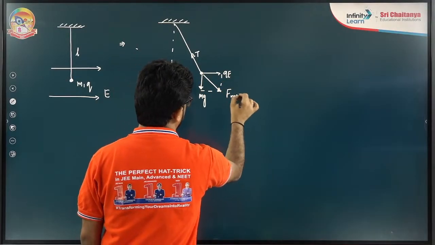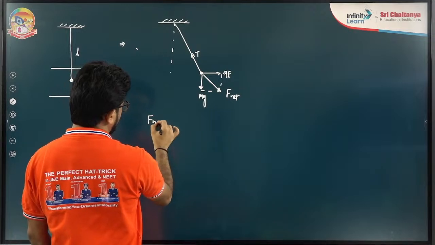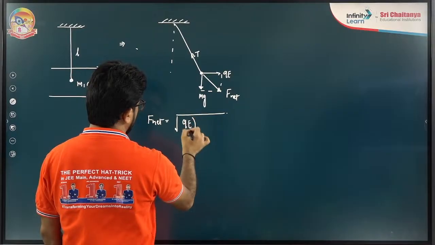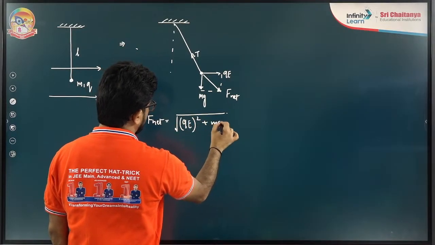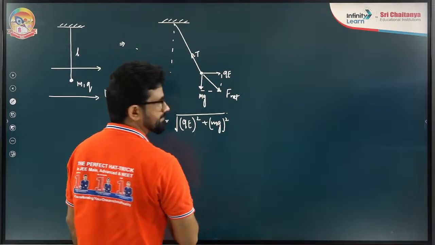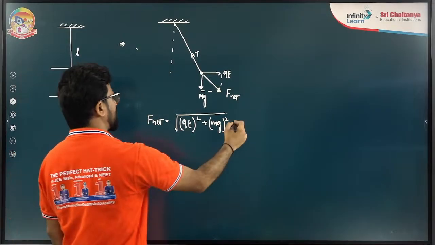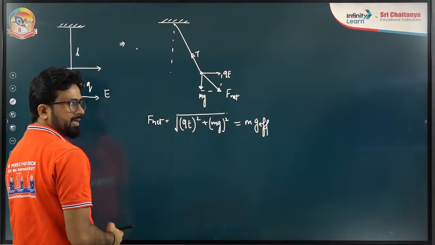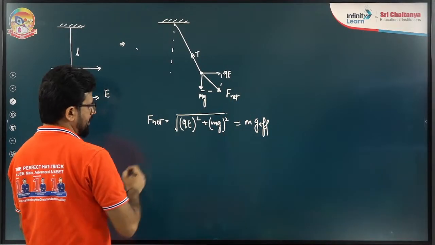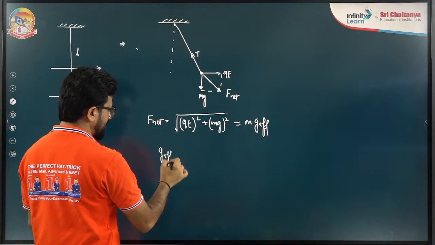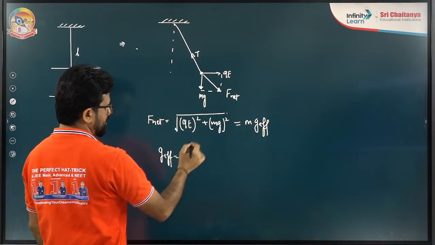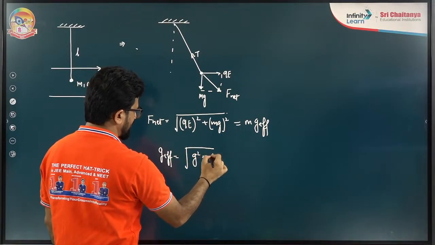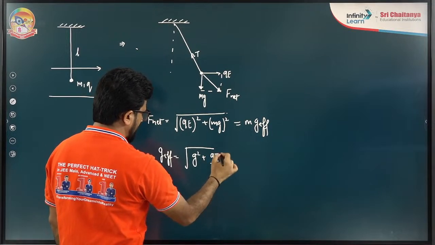So what is the F net? The F net is equal to the square root of QE whole square plus mg whole square. This force is equal to m into g effective. Dividing by m, g effective is the square root of g square plus QE by m whole square.